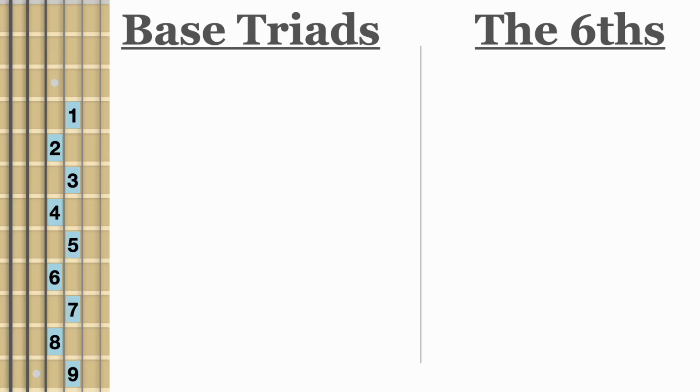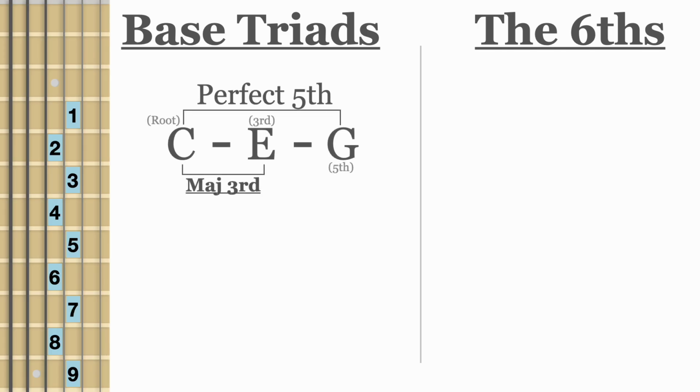Now, in this video, we're going to be looking at a couple of different things. First, we're going to be looking at the triads with the sixth, which actually is a less common way that you're going to hear these chords. And then later in the video, we will talk about how the sixth is most frequently used and when it starts sounding fantastic, along with the sixth within a chord progression, right?